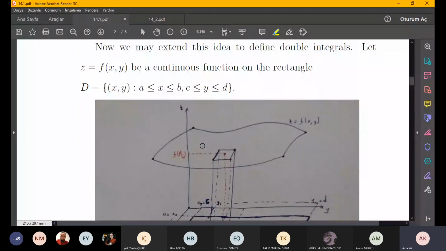Suppose the function f(x,y) equals z is a continuous function.